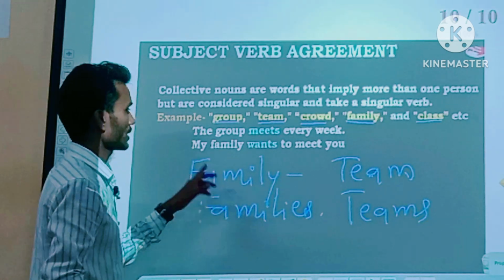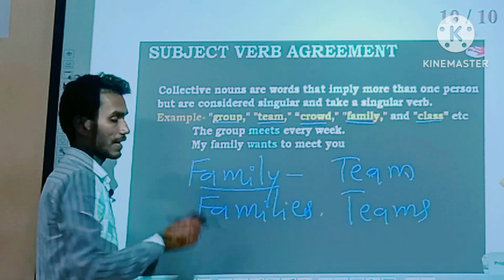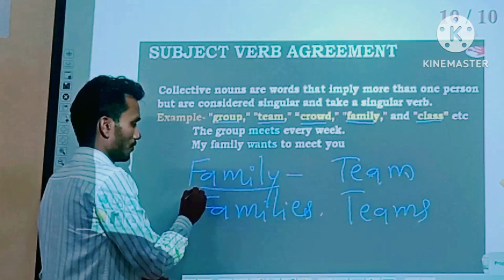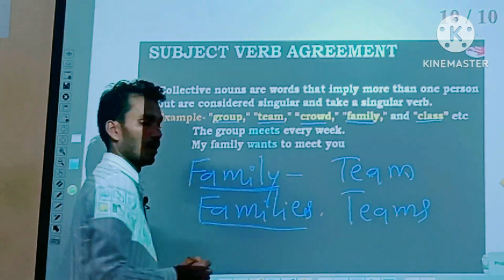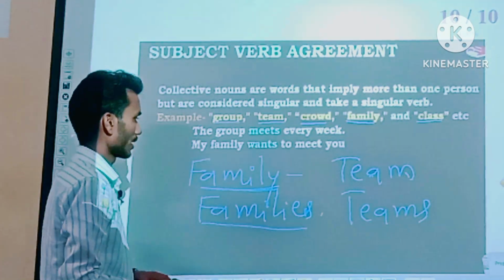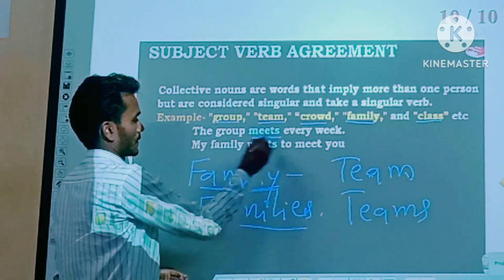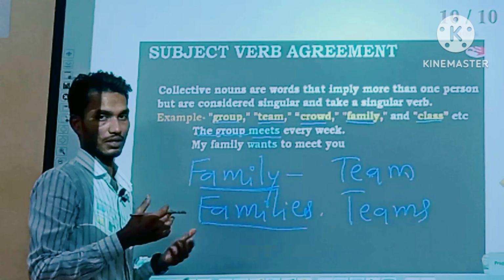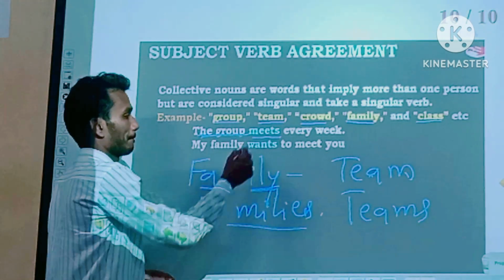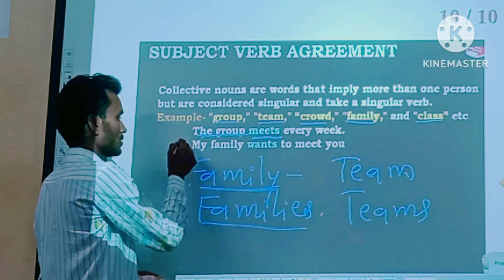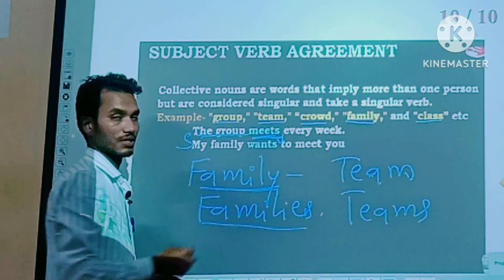So if the subject is singular, even though it is a collective noun, like family here, it is singular. Families is plural, right? Say the group meets. The group, the subject is singular, it's not groups, it's a group. The group meets, the subject here is singular, so the verb must be singular.